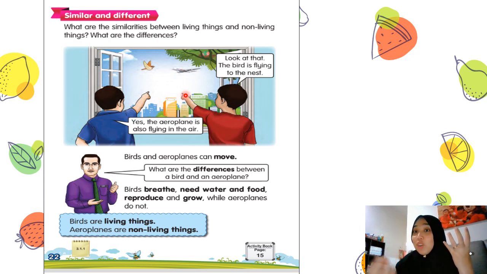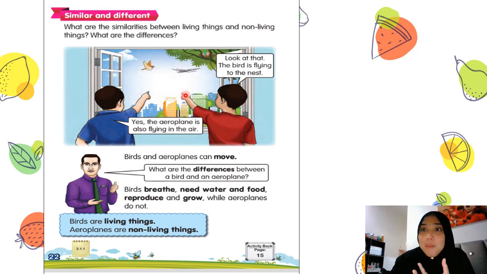Bird need water and food. Boleh memerlukan air dan makanan. Bird reproduce. Bird bertelur. Bird grow. Bird membesar. Tetapi aeroplane, pernah awak tengok aeroplane bernafas? Tak pernah kan?